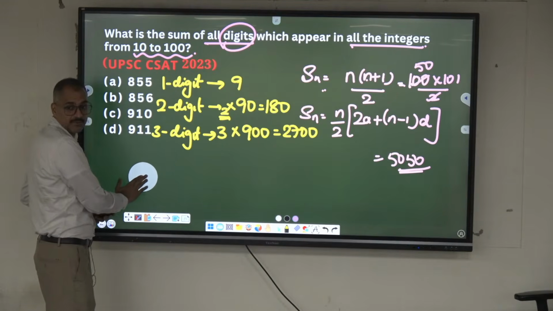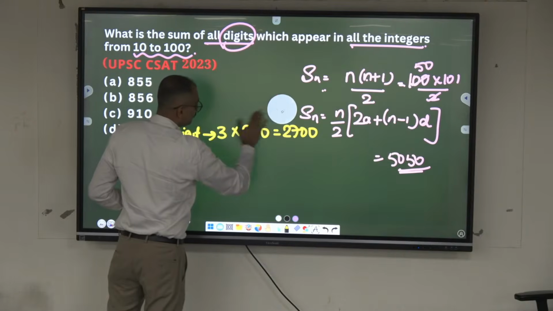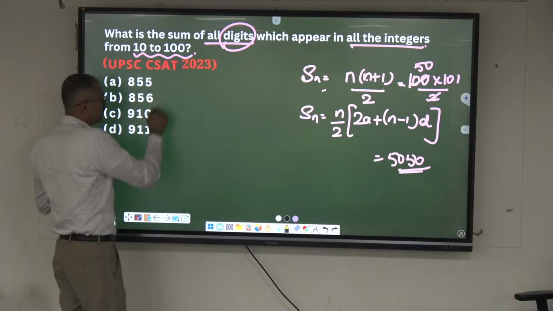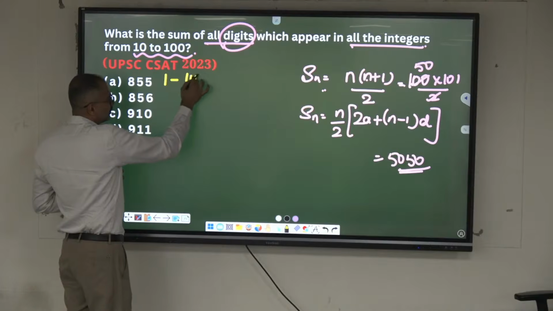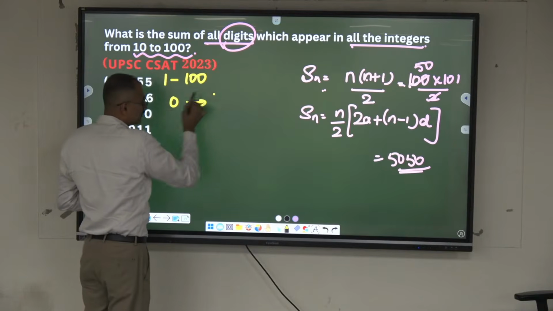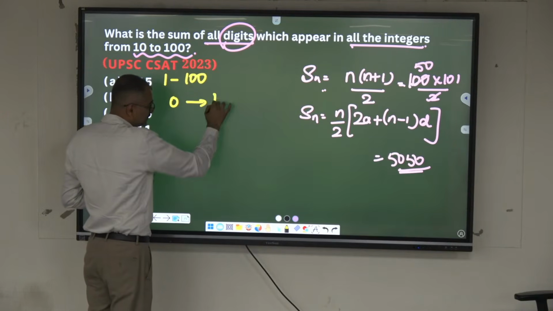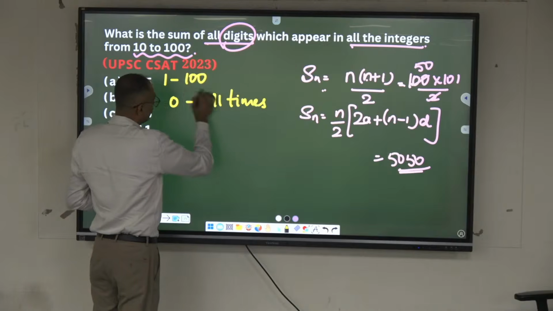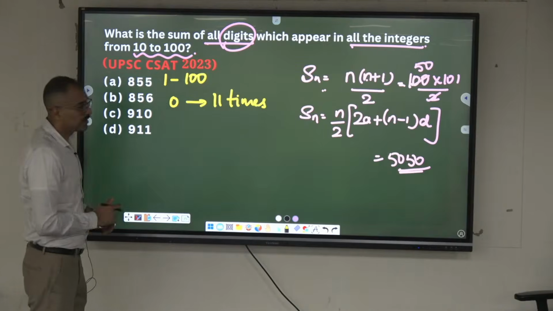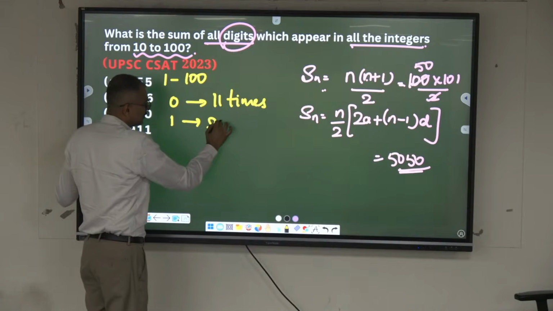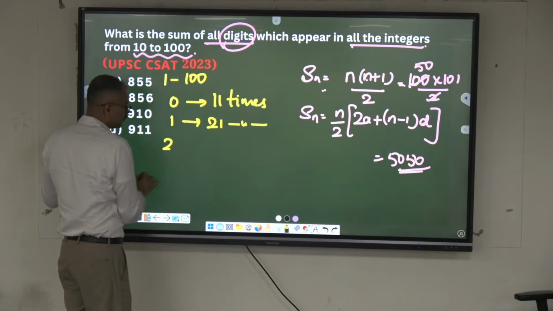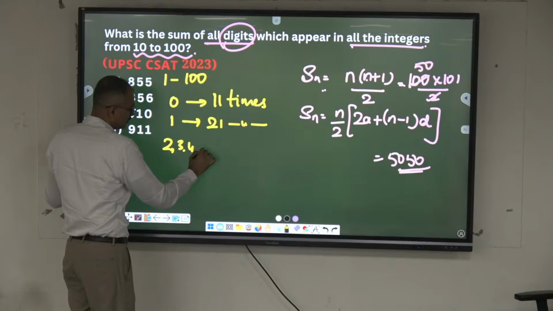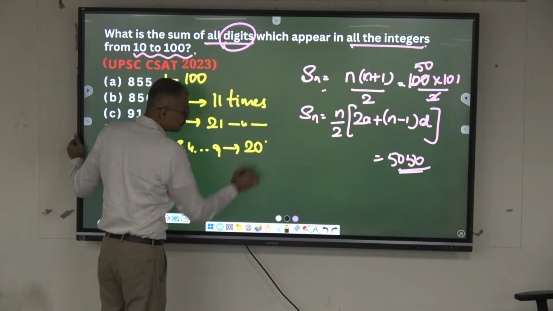Shall I erase this part? How many times does 0 appear from 1 to 100? Only in 100. 1 appears how many times? 21 times. 2 appears how many times? 20 times.